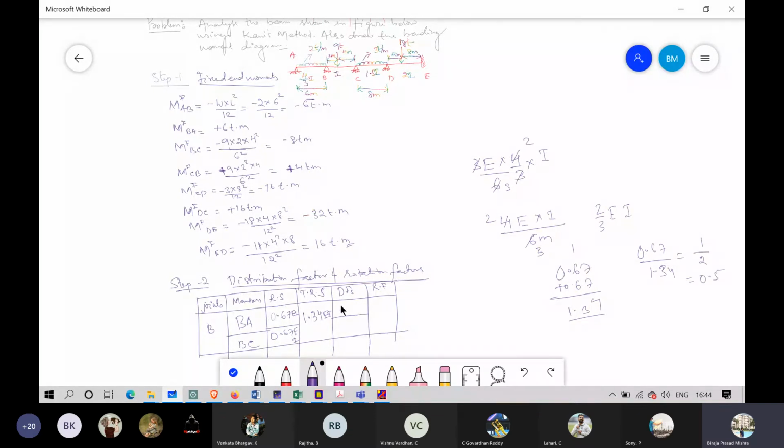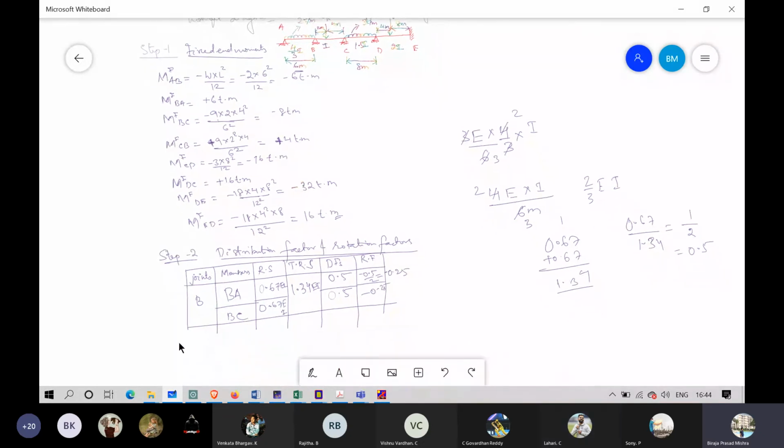This will be 0.5, and this will be again 0.5. So the rotation factor will be minus 0.5 by 2, so this becomes minus 0.25. Similarly, this will also be minus 0.25.